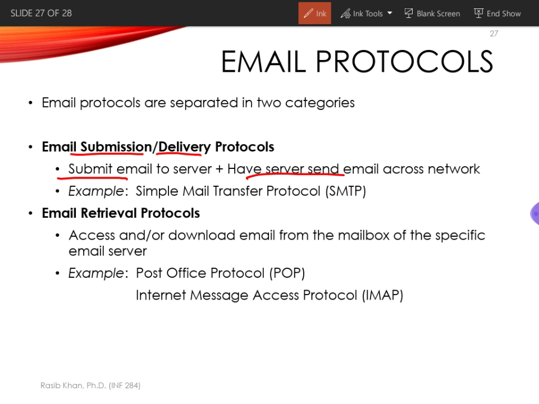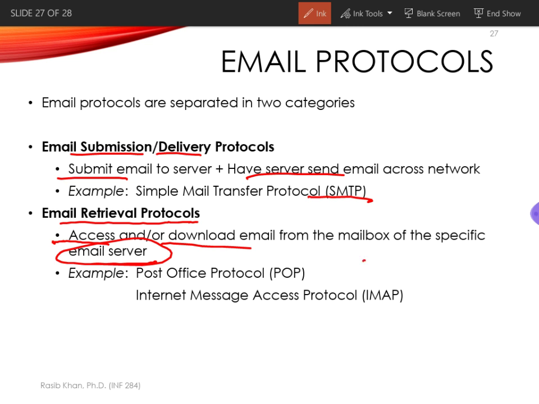The most common example for this kind of protocol is SMTP, that is the Simple Mail Transfer Protocol. The second category of email protocol, we call retrieval protocols. The basic idea of these protocols is that we can use them to access or download emails from our specific email server.